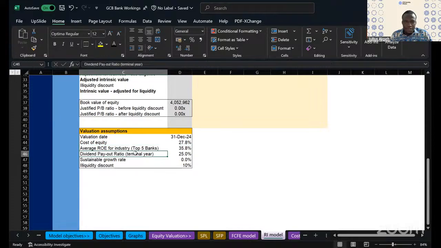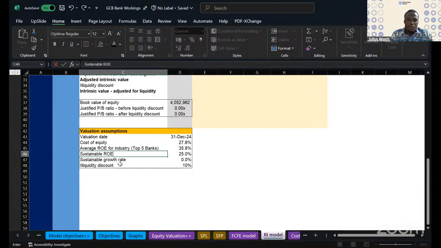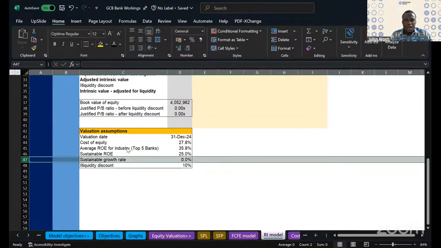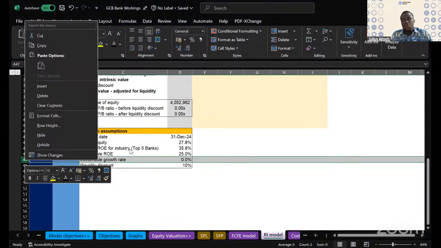We have the dividend payout ratio, which we don't need here. In place of this, I want to introduce something called sustainable ROE. We need a sustainable ROE. We don't need a growth rate. Do we need a growth rate? A growth rate in what?